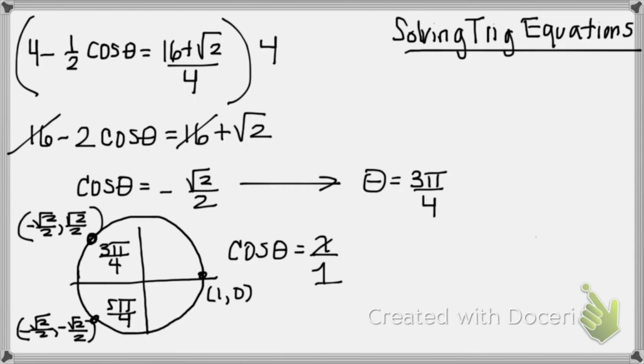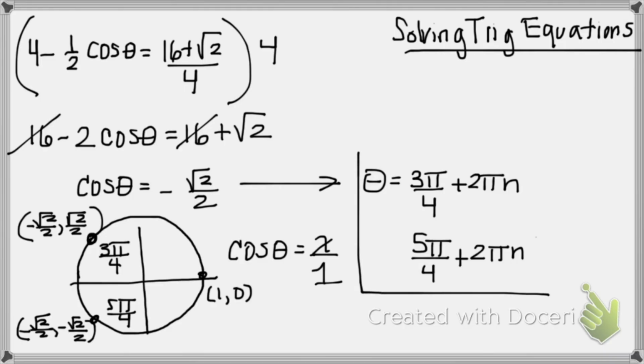And since there's no interval on this, I'm going to say plus 2 pi n. And then likewise with the 5 pi over 4, I'm going to say plus 2 pi n. And that's indicating that the answers are these angles, and then any coterminal angle, any angle that is coterminal with those. So that's the solution there.